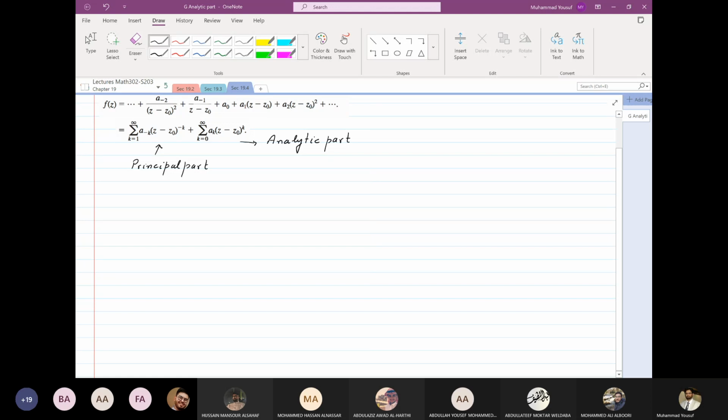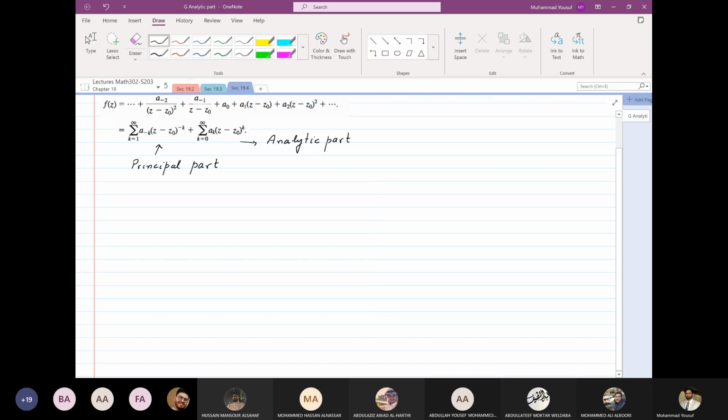When we see some function, we can tell that this function has a singularity. Now that singularity is of different types.